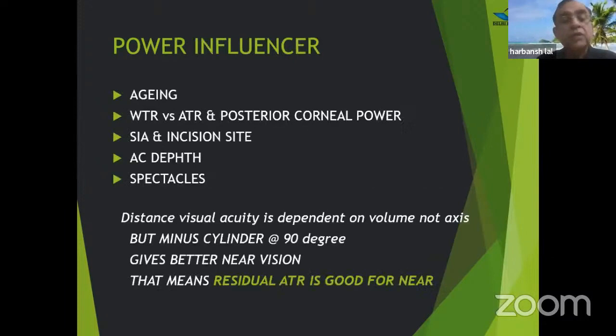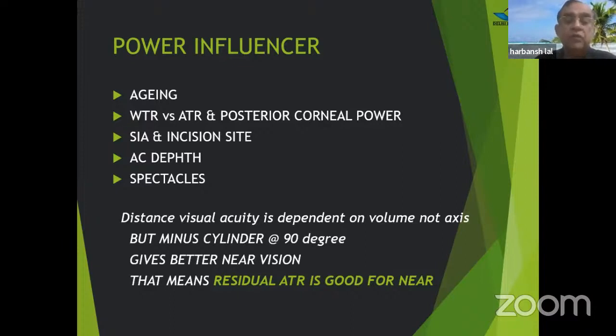So when I want to decide which power to use, these are the power influencers: aging, with the rule, against the rule, posterior corneal power, SIA and incision site, anterior chamber depth and spectacles. These are the modifiers. These per se do not influence as much. I use them as influencers to decide which side to err on.